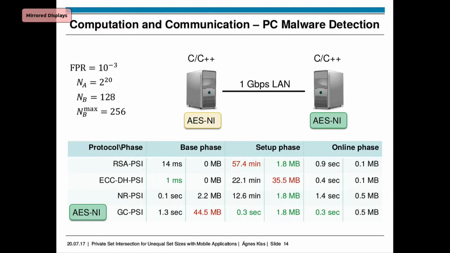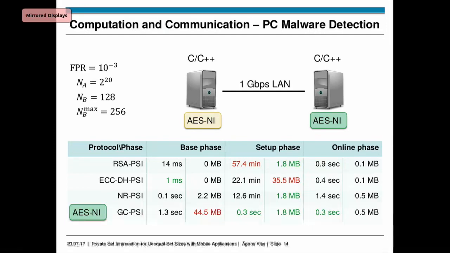And so here we look at the scenario. I put some numbers which match the scenario of malware detection. So we have a couple of millions of elements in the database, and like 120 elements in the client set. And we can see here that the best runtime we can get is with the AES-based protocol.